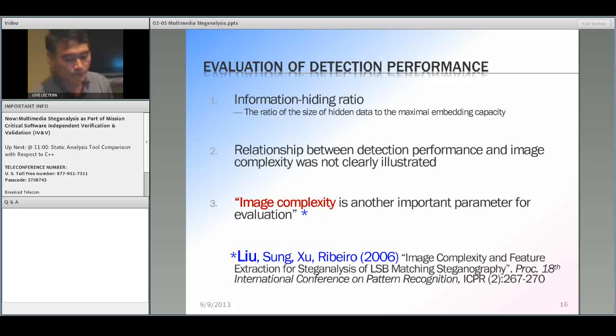The point to take away is that analyzing steganography, analyzing multimedia for hidden content, is very, very difficult. And so far, the research is still ongoing in all directions.